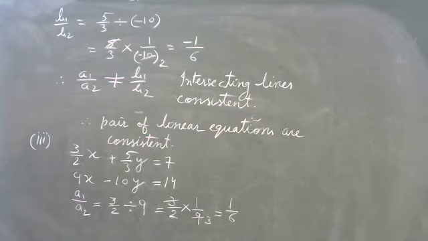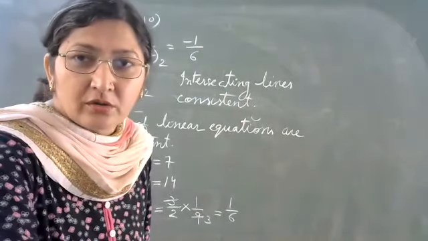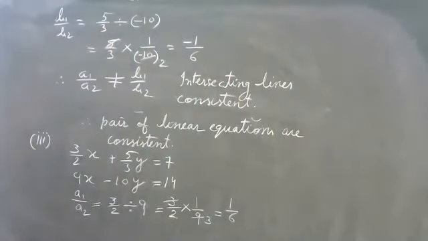Now the remaining questions you have to try yourself. Now the fifth part, you will try and tell me the answer right now. If any problem is there, you can ask.